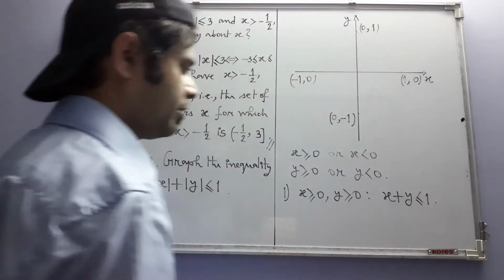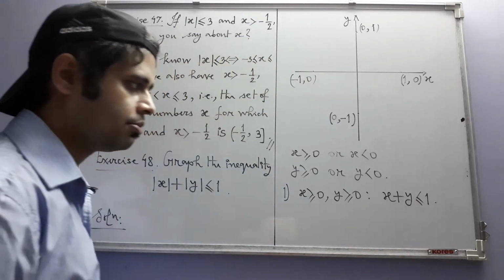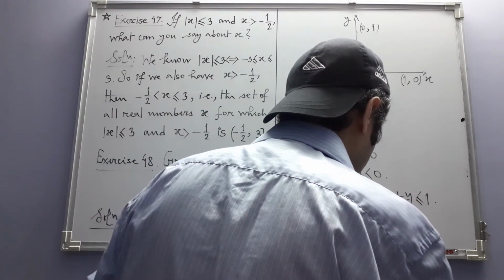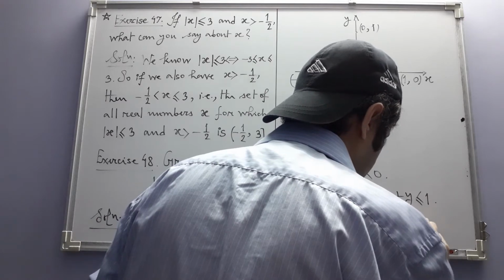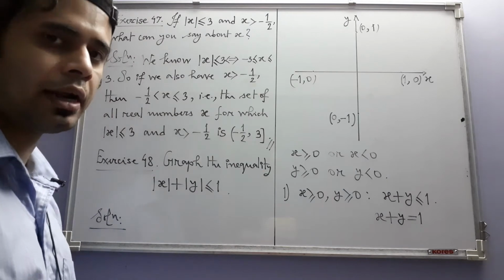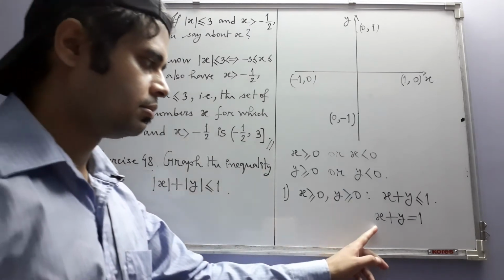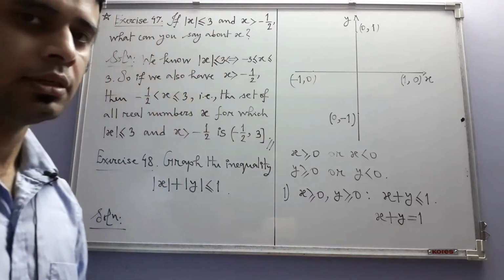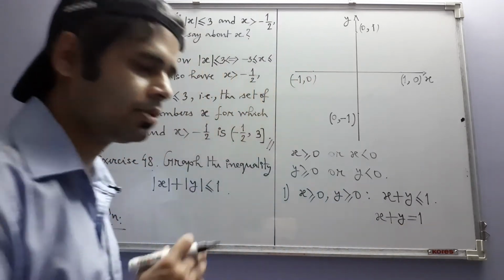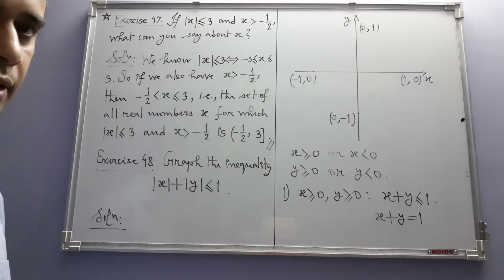Now how do we draw the graph of this? In fact, it's not an equation, it's an inequality. So to do that, you try to draw the graph of this equation, which you can either do by plotting points, or if you are aware of coordinate geometry a little bit, where at least you know what this type of equations represent, then you can easily see that this will represent a straight line.